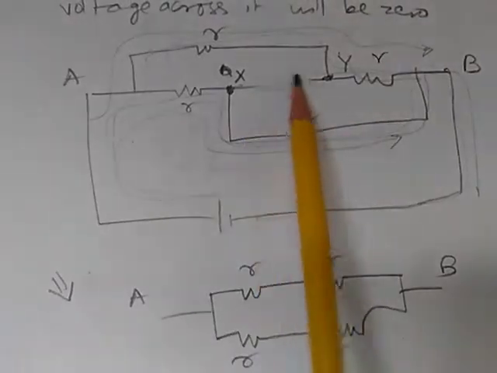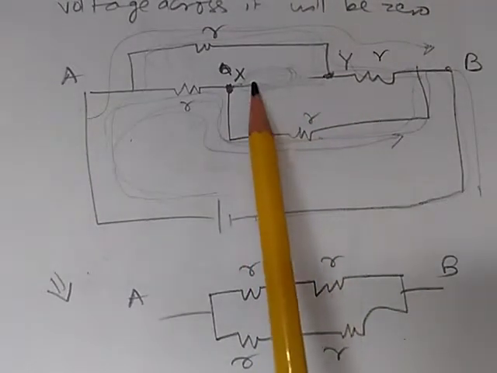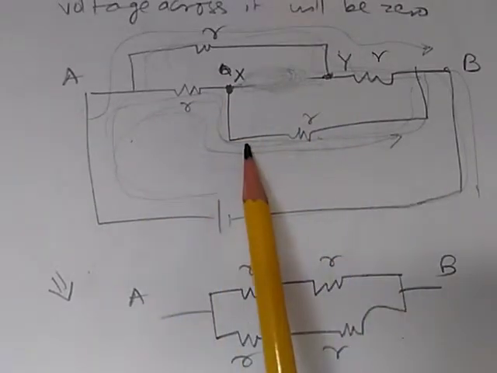That means there is no current flowing in the resistor that is here, and that's the reason we can eliminate this resistor from our calculation.